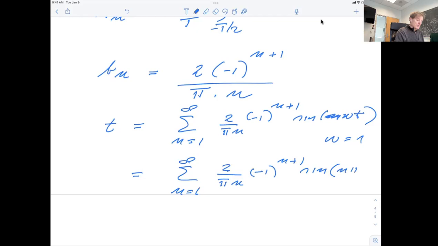I'm going to change it a little bit, so it's n times pi times t. So this is the expansion for t in terms of a Fourier series, which is now a collection of sine functions which go from n equal 1 up to infinity. This is extremely powerful. I have actually represented a function t in terms of a Fourier expansion.